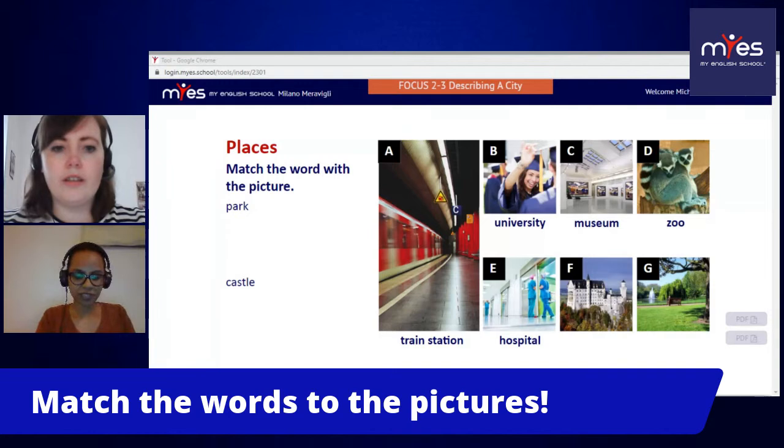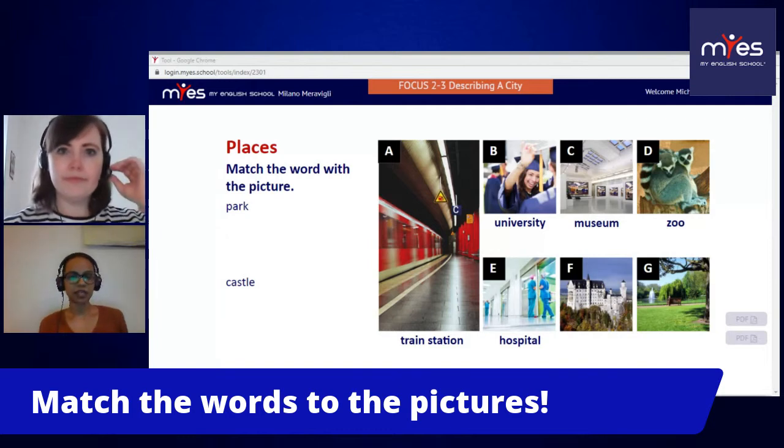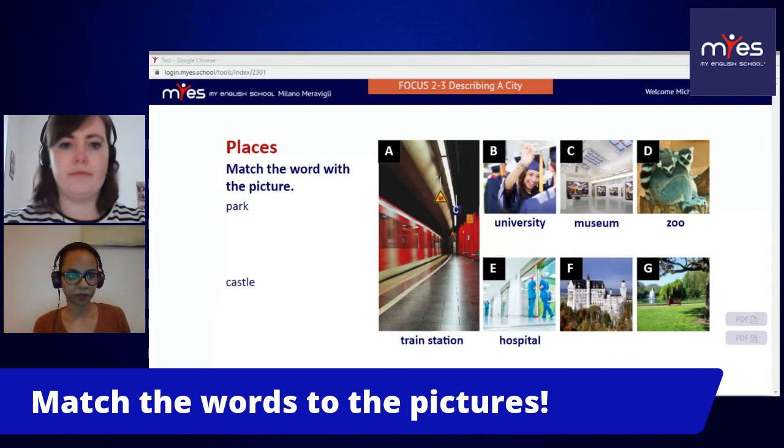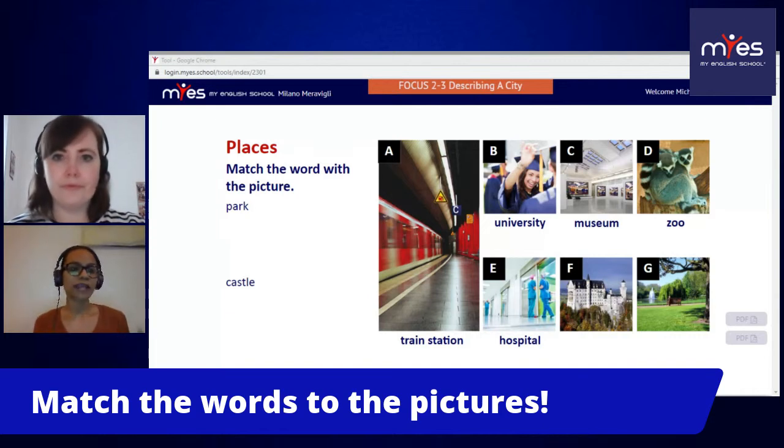So the word scrubs is the name given to the garment that doctors and nurses wear when they are working. Their uniform is called scrubs, but not the white coat that they put on top of it.